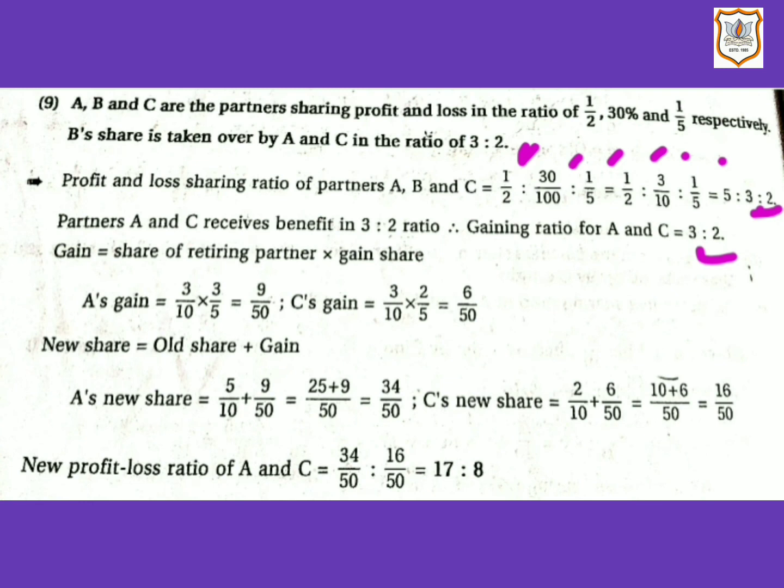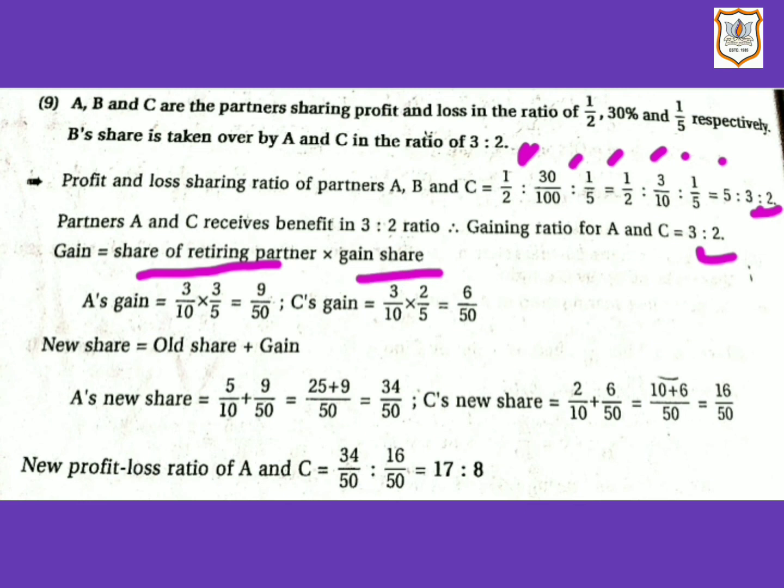So note that when the gaining ratio of continuing partners is given to distribute profit and loss share of the retiring partner, in that case, in order to find out new profit and loss sharing ratio, first of all, calculate gaining share of continuing partners by distributing retiring partner's share. So here the formula for gaining share of continuing partner would be share of the retiring partner multiply by gain share given to the respective partners.